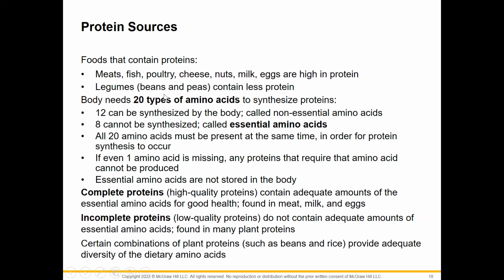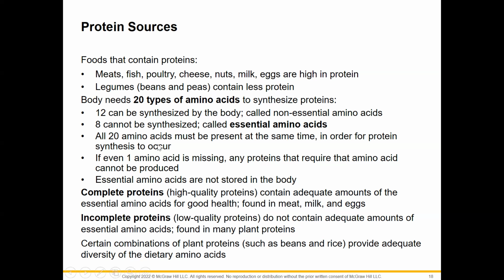So, 12 of the 20 are non-essential amino acids. 8 of them cannot be synthesized by the body in any way. So these are considered essential, meaning we have to eat a diet that is varied and that has these other proteins in them that our body does not make because we still need them, right? So we need all 20 in order for our bodies to function properly.